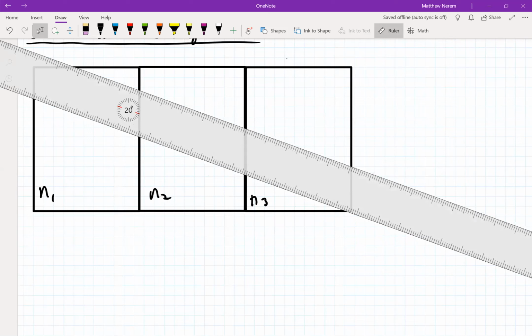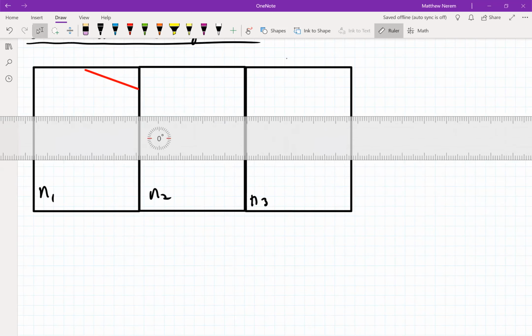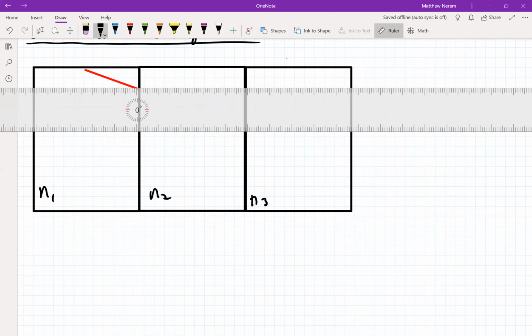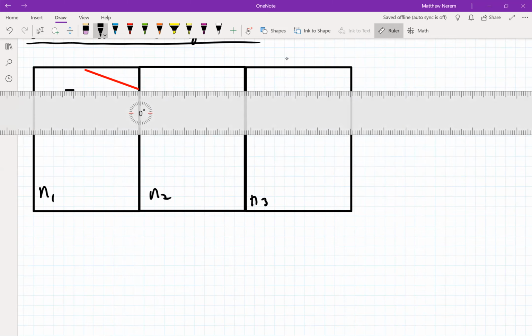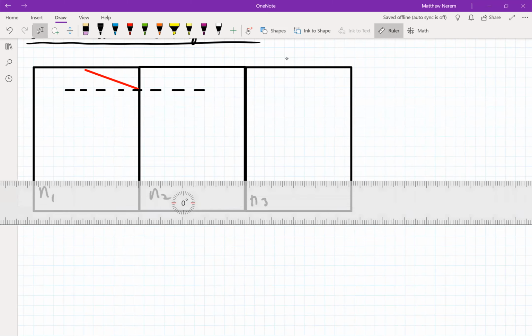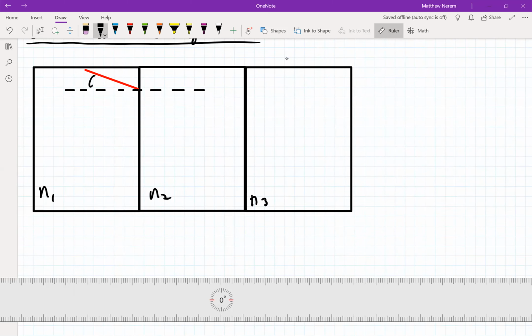Let's do this nice and high. So that comes in at 20 degrees. Sure, all normal. Right. That's 20 degrees.